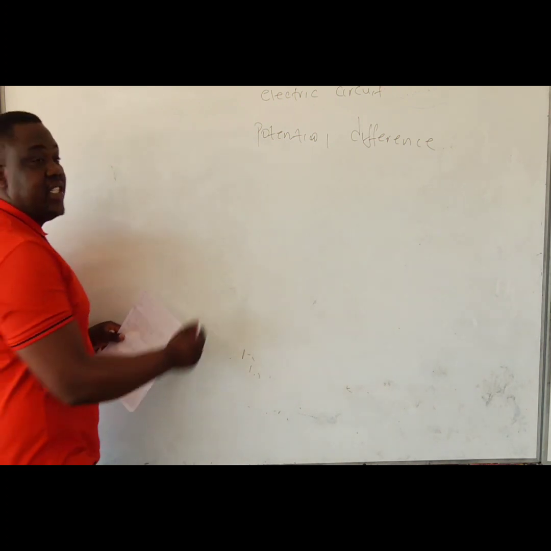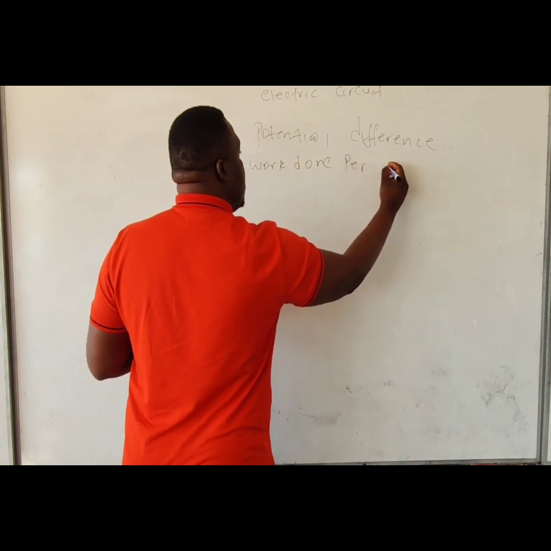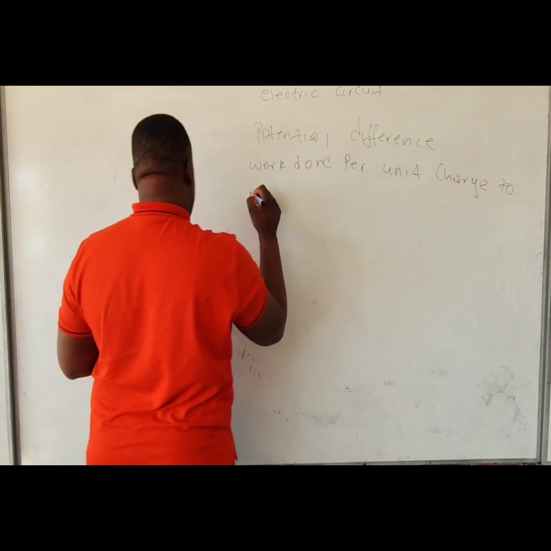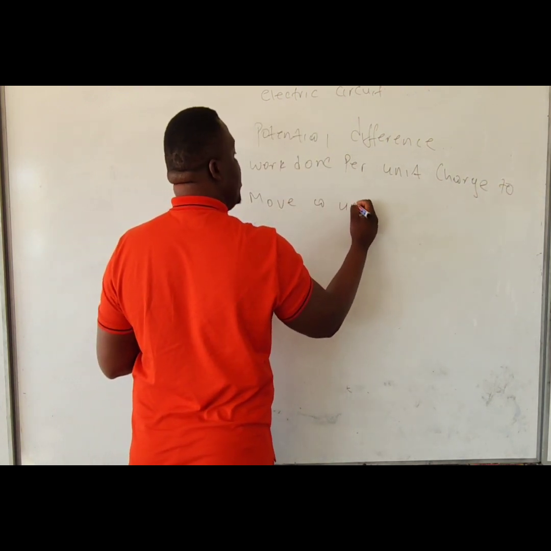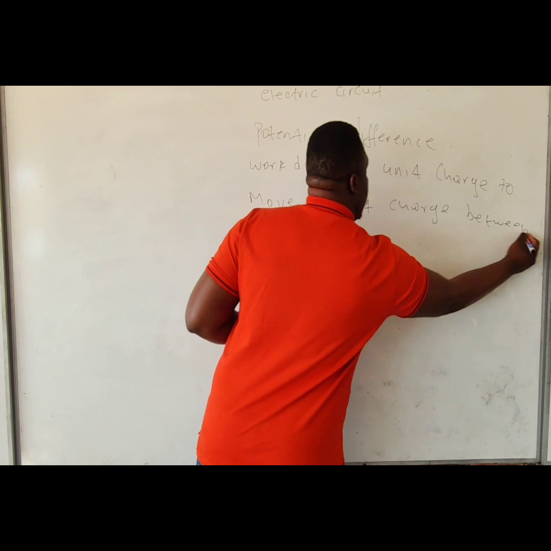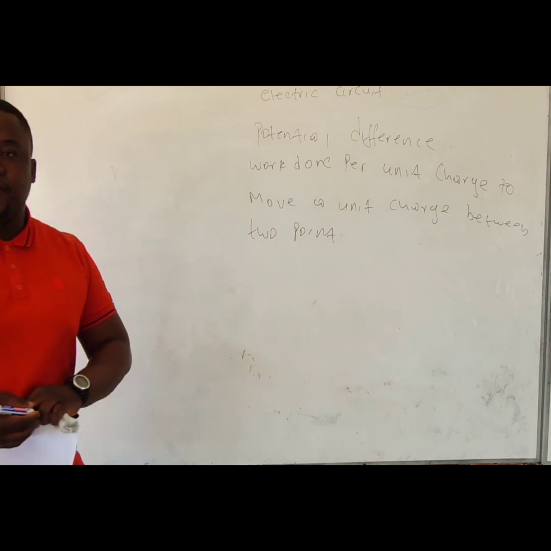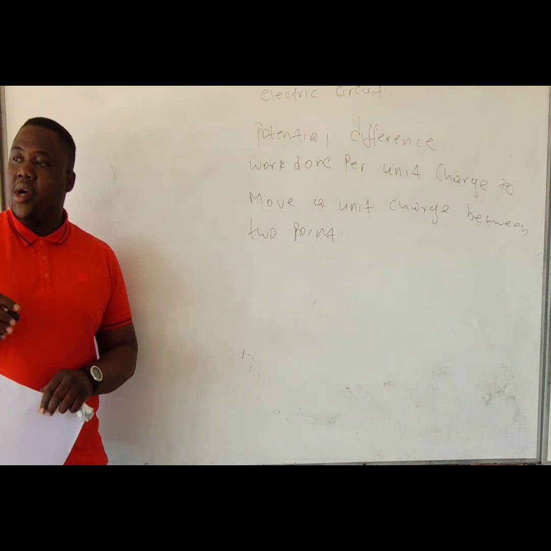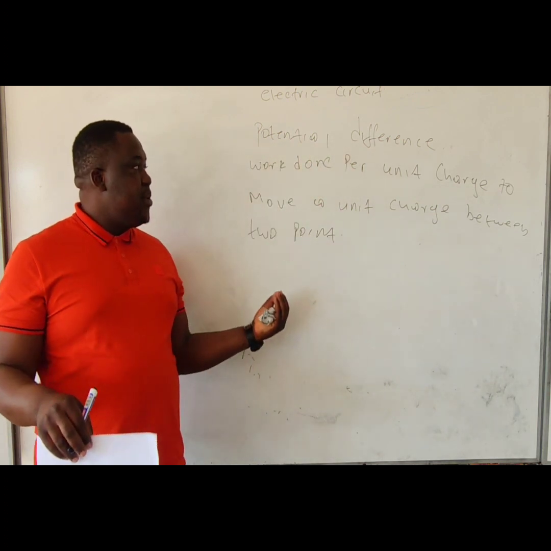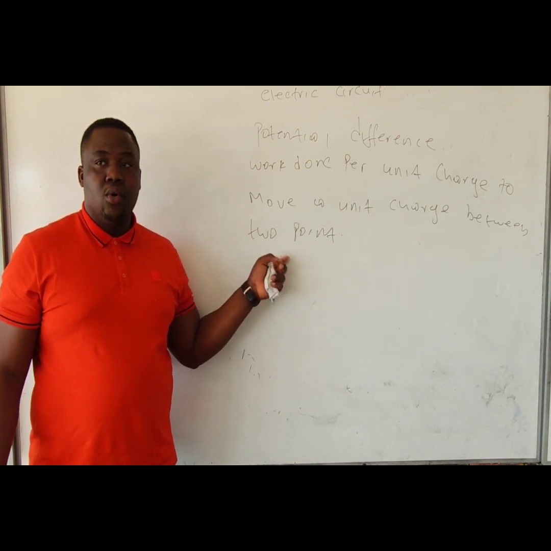Potential difference is simply the work done per unit charge to move a unit charge between two points. So if we've got two points, point A and point B, we can define potential difference in this way.